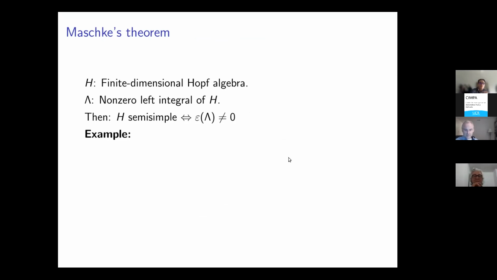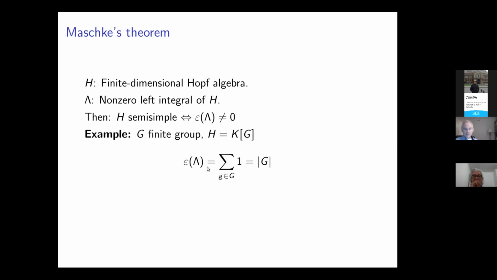This is called Maschke's theorem for Hopf algebras. You may know Maschke's theorem for ordinary groups. This is a special case, because if G is a finite group and H is the corresponding group algebra, then epsilon of lambda: you remember that lambda was the sum of all the group elements, and epsilon maps every group element to 1 in the base field. So you have the sum of all the group elements, but each summand is equal to 1 in the base field.